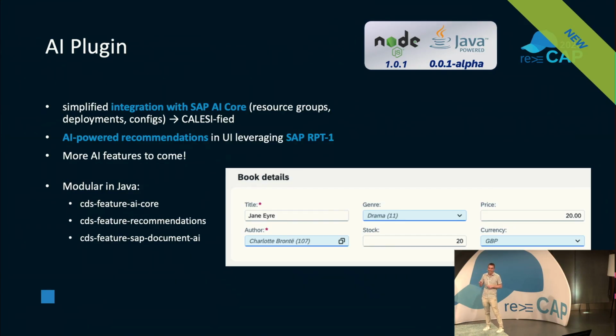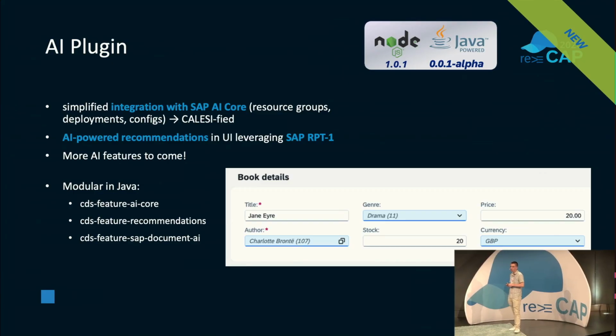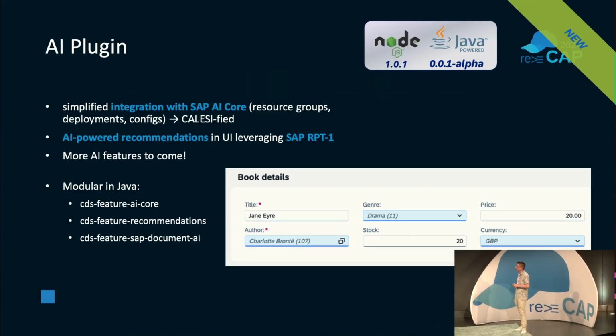So I think that's a really great benefit of that plugin, that we take care of all the plumbing, all the creation of resource groups, deployments, and so on in the background. And on top of that, we started implementing a couple of AI use cases and capabilities like the Rapid1-based recommendation, but also in the future, potentially the Document AI service, for example.